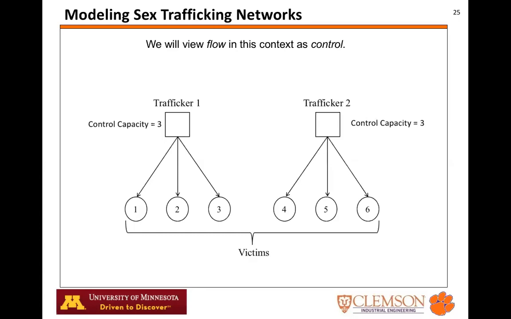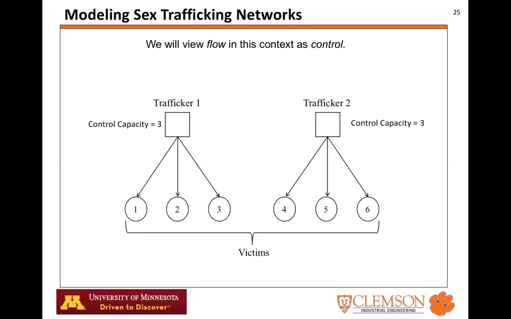We've had a lot of conversations as a team, and I think we're happy with this current model, but there are other ways to interpret or model things using flow. We're going to focus on situations where flow is meant to model control.